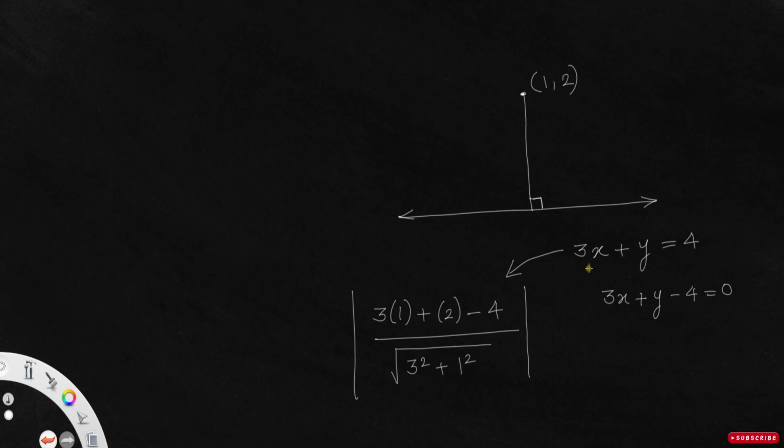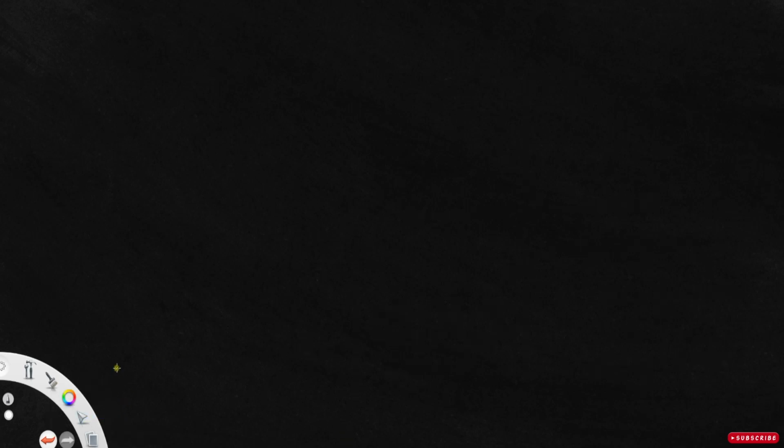So this will be the distance of the point from the line. Clear? This is the standard form, which is ax plus by plus c equal to 0. Clear?